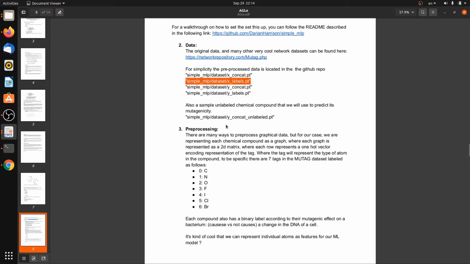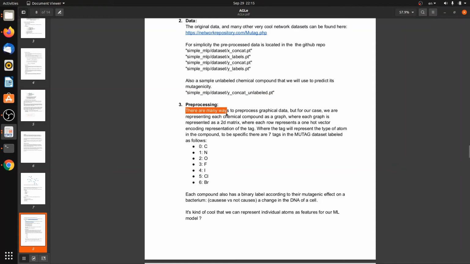The labels mean mutagenic or non-mutagenic. And this is for the test set. I think it was something like 170 samples here and 18 samples for the test. We've also added an unlabeled chemical compound to show how prediction works.